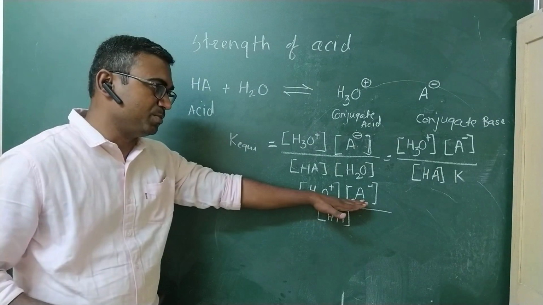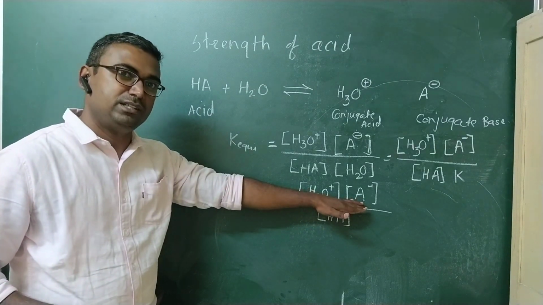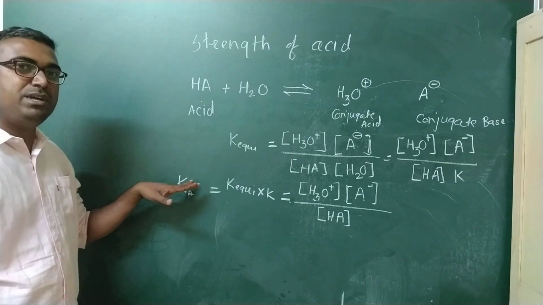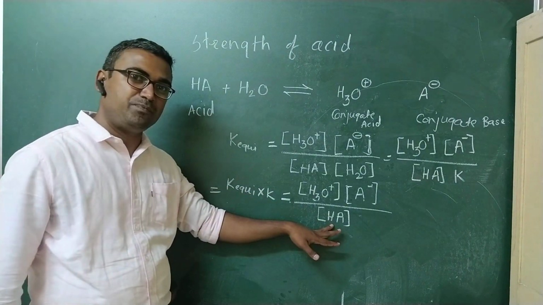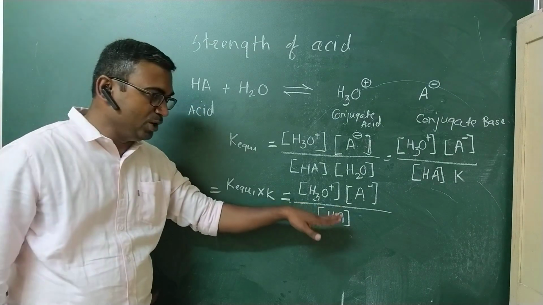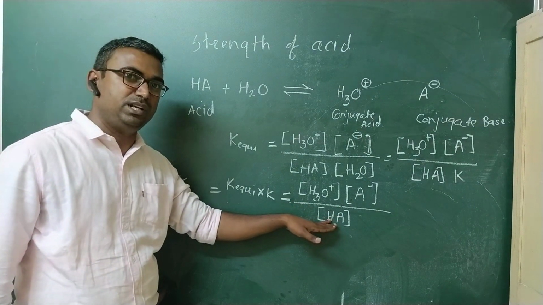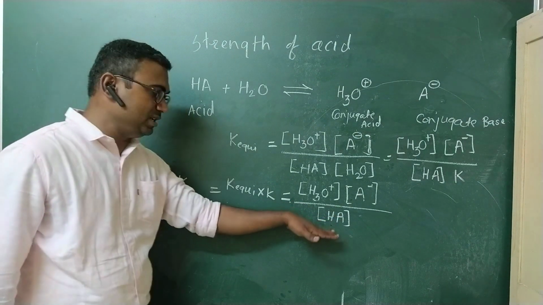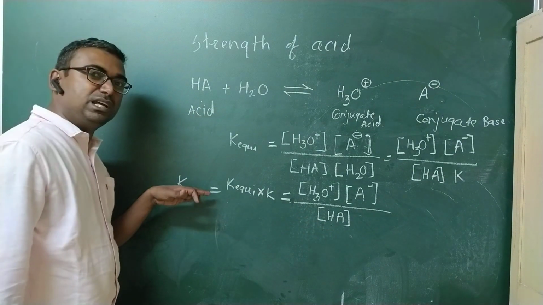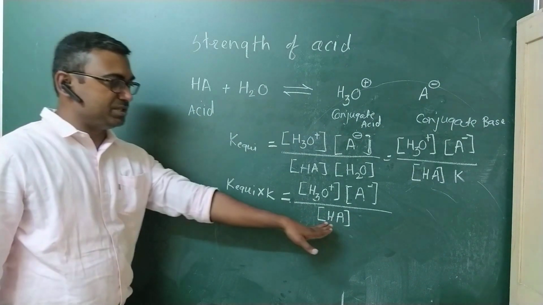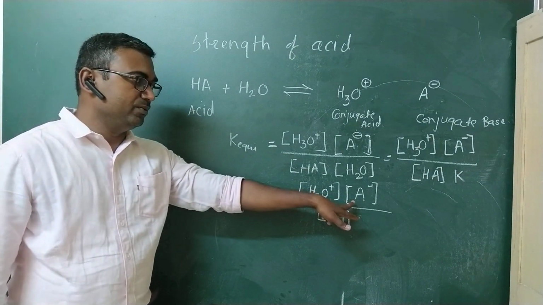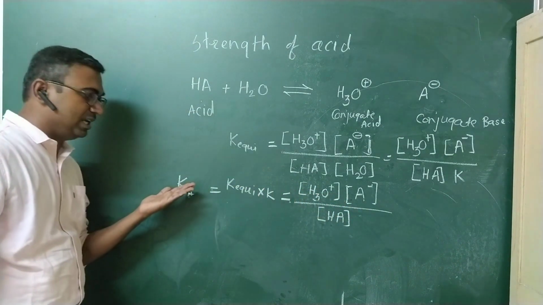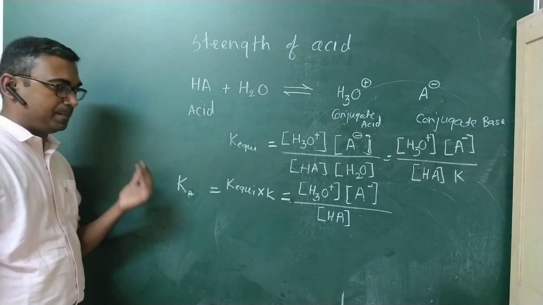If the numerator is higher, then the Ka value will be higher. If the concentration of the starting compound, the denominator, is higher, then the Ka value will be lower. If this value is higher, then this value is lower.